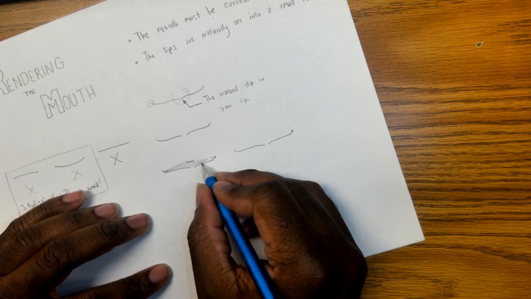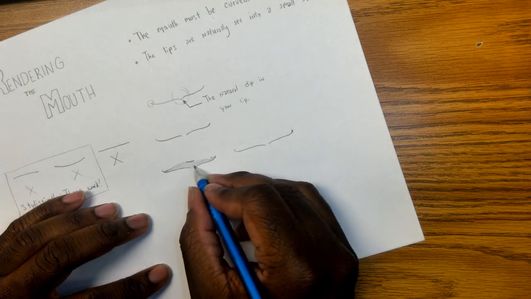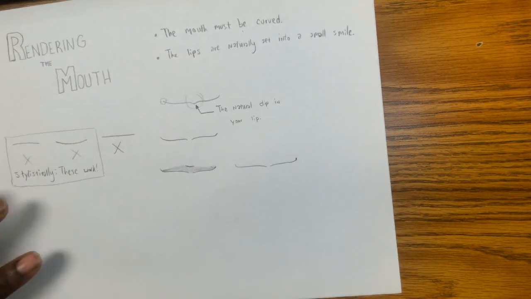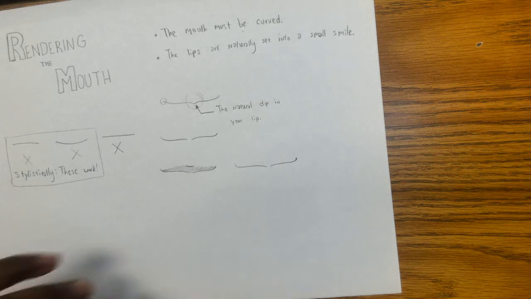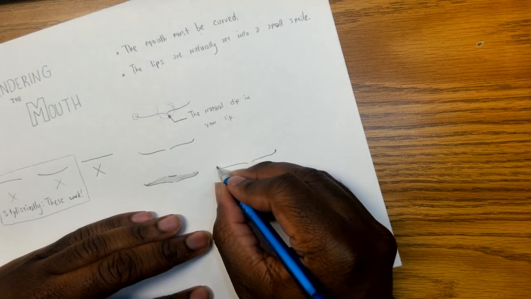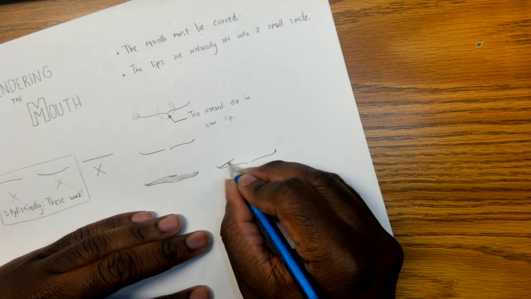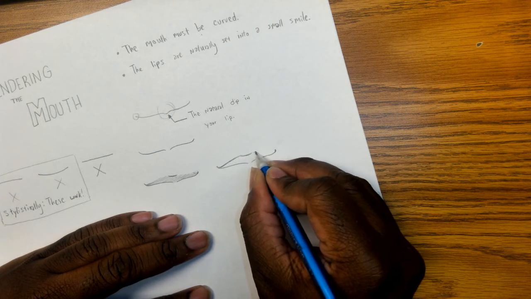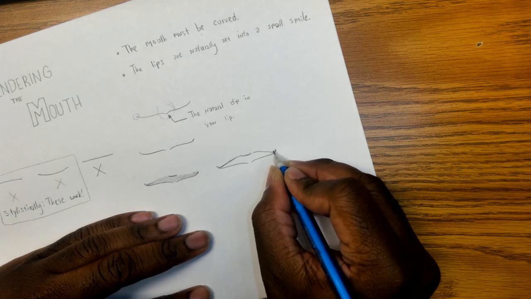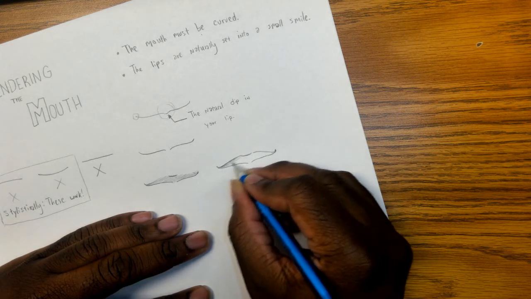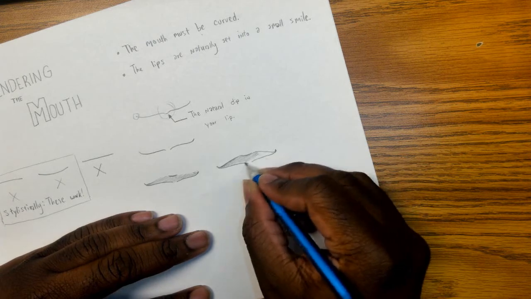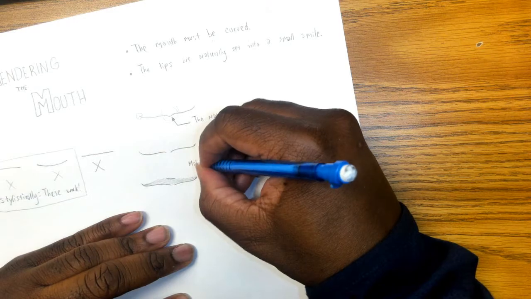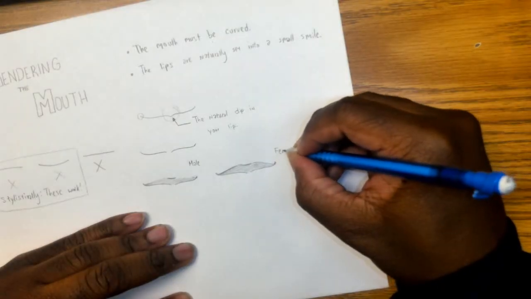This is where a little bit of shading goes a long way, because you can actually shade under the top lip. Now for more full lips, then you'll want to have lines. And generally I use this to differentiate between male and female.